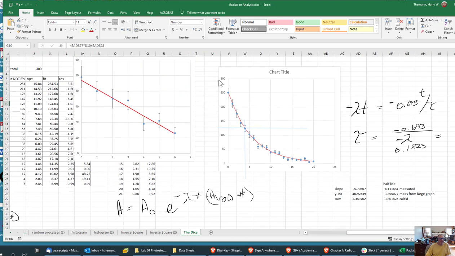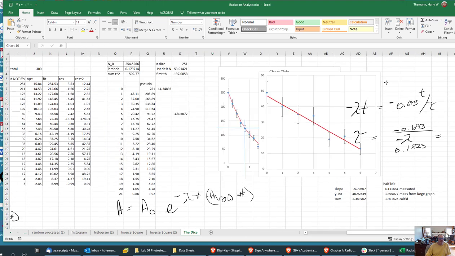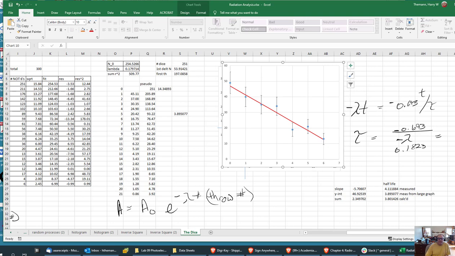And as I was saying, if I follow the lab manual, the lab manual says to draw a straight line through it, and then you have a certain number here, the y-intercept, and find the place where you get the halfway point, and then wherever that is on this line, you drop down and see what the time is.